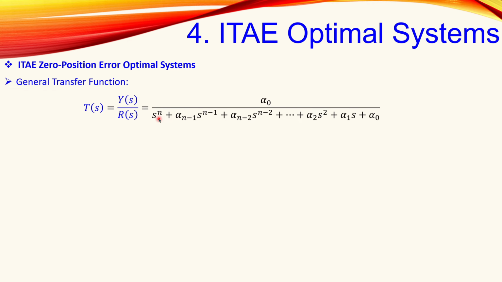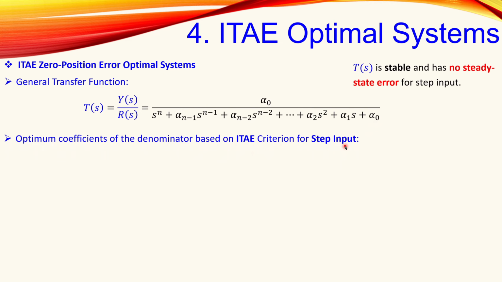Again, if I substitute for s as 0, I will get alpha 0 over alpha 0, which will be 1. So it is stable and it has no steady state error for step input. It will have, of course, a steady state error for other inputs like ramp or acceleration.